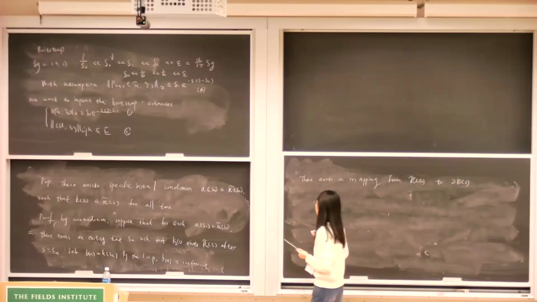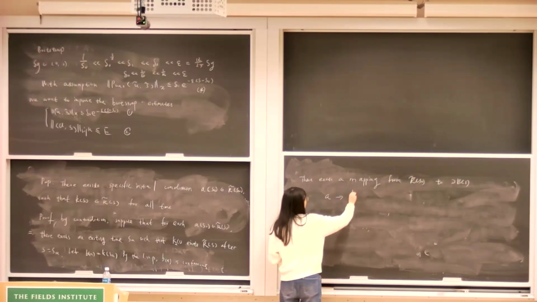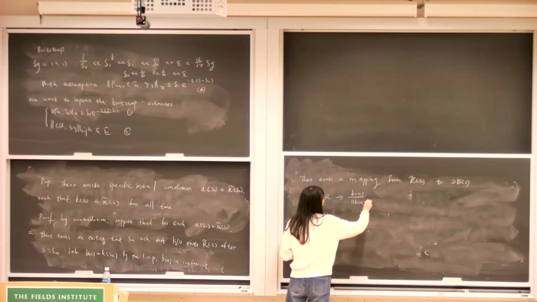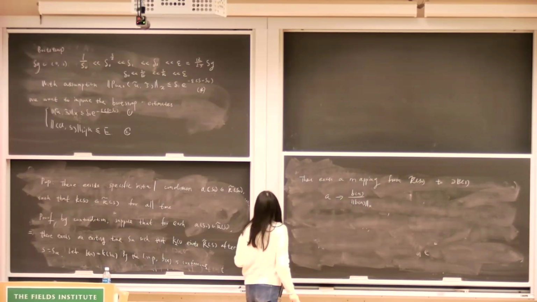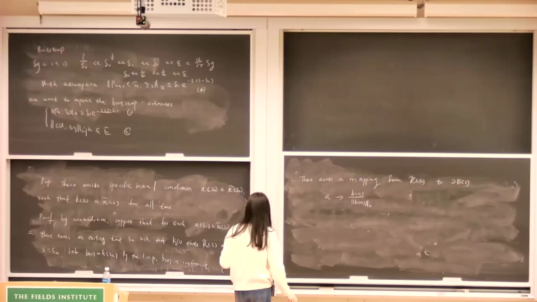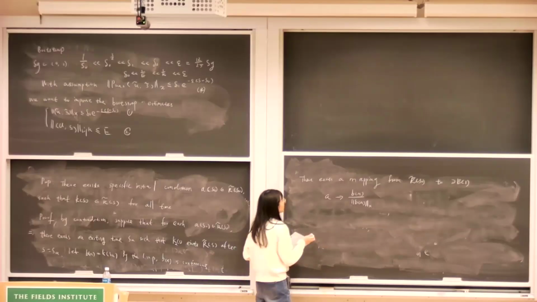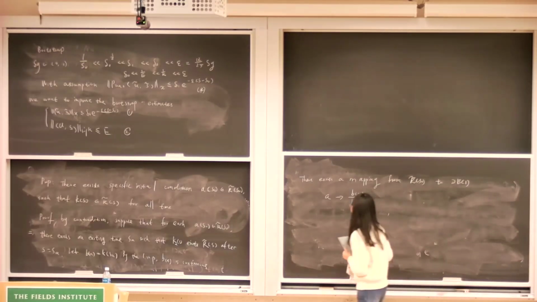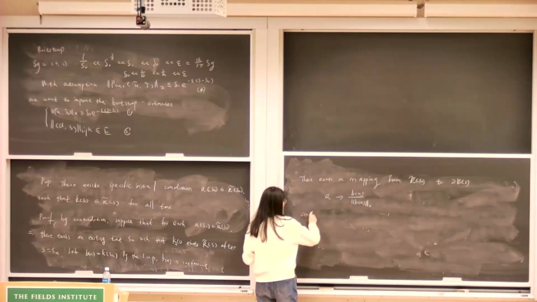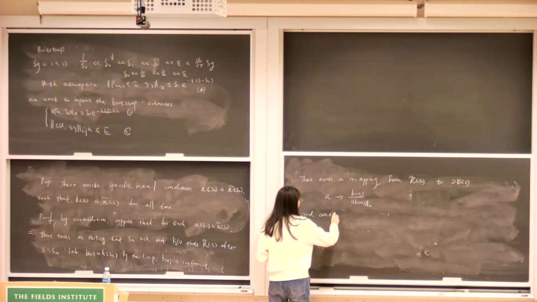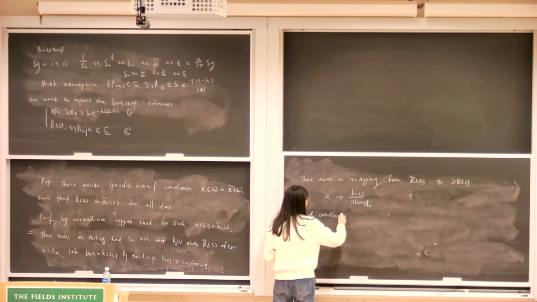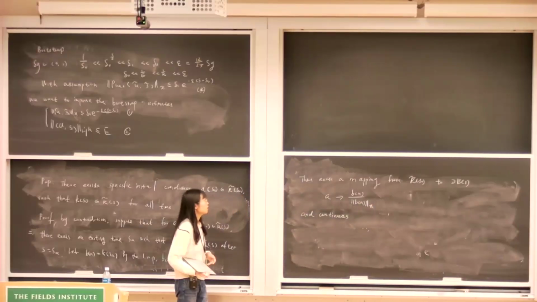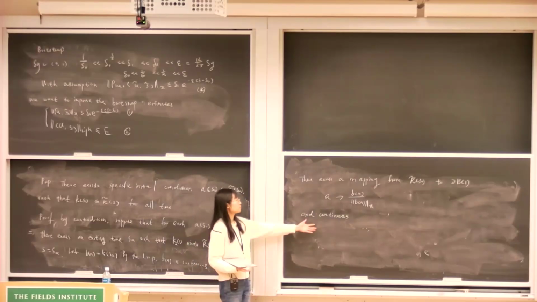And it's defined as A at the exit time divided by the norm of A. And then this will be continuous.